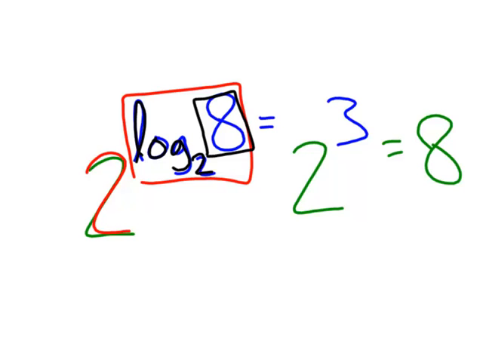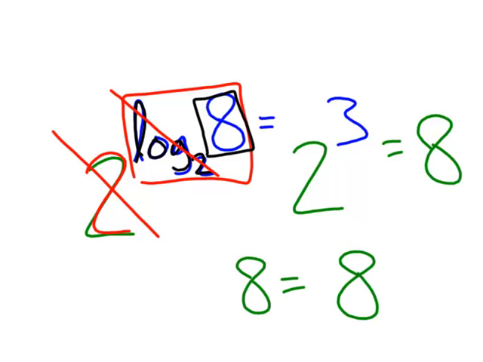Log base 2 of something. And remember, logarithmic functions and exponential functions are inverses. They undo each other. They cancel each other out. So when you plug one of them inside the other, they effectively cancel each other out, and we end up with just this 8 left over. And therefore, the rather obvious statement, 8 equals 8.